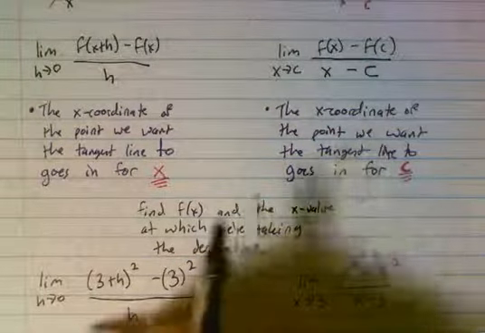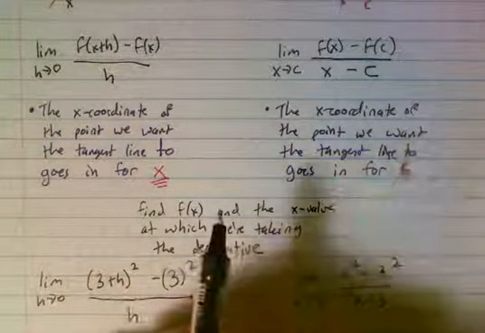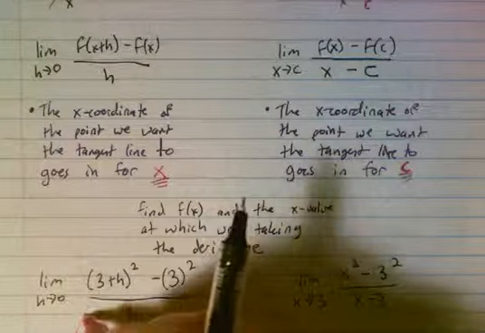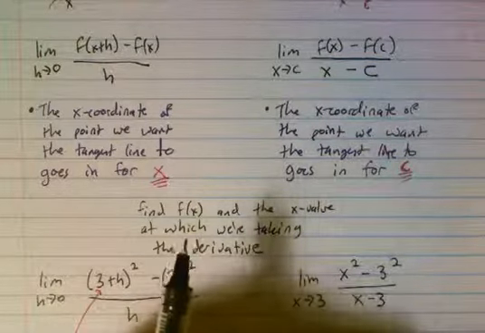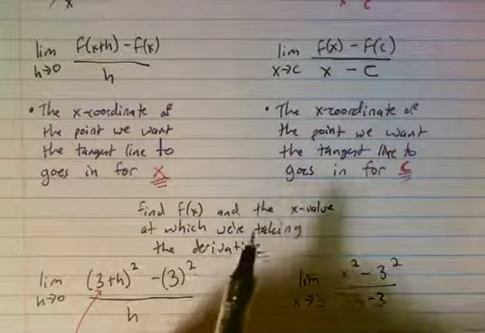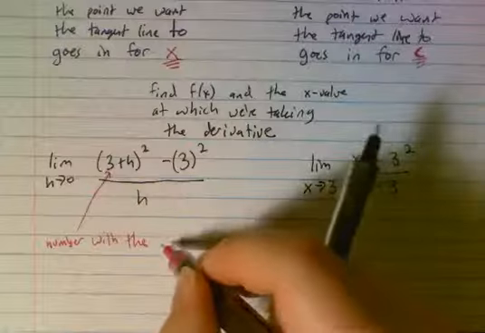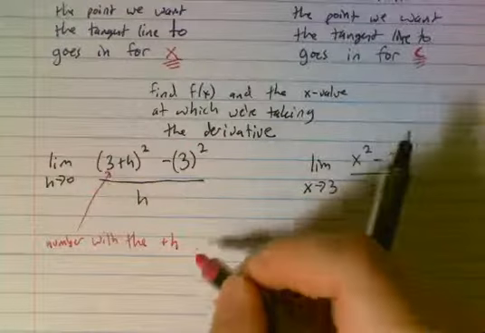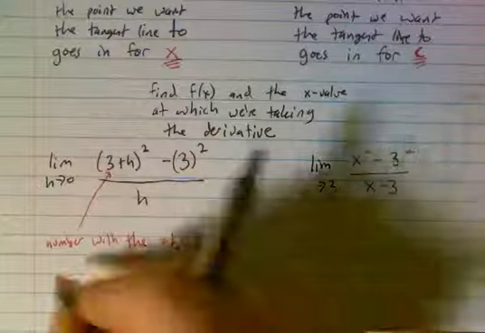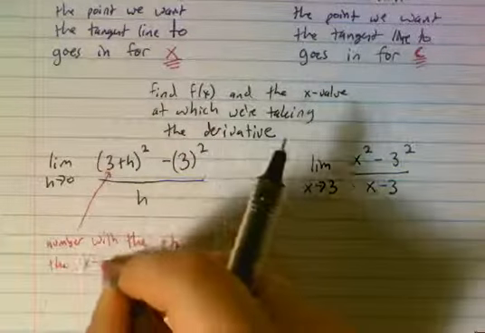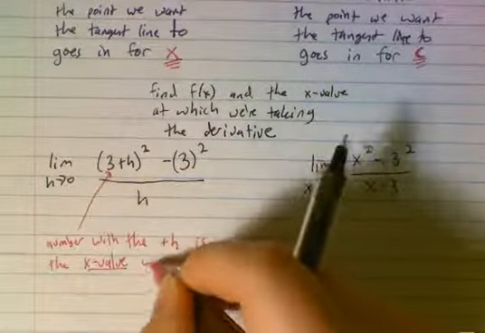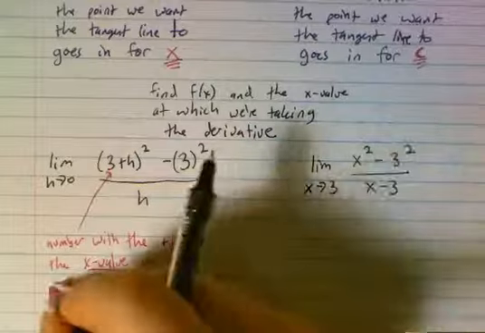On this side, the number with the plus h is the x value we take the derivative at.